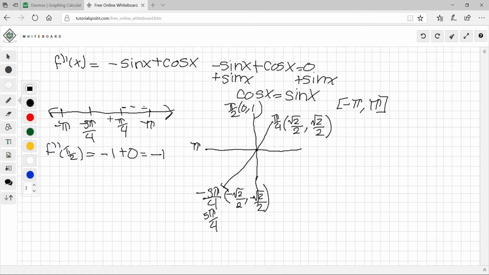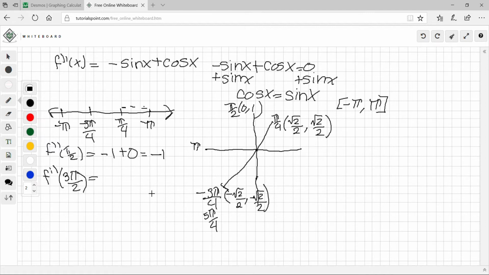Now we need a number between negative 3 pi fourths and pi fourth. So we could use 3 pi halves. Wait, we need a number between negative 3 pi fourths and pi fourths, so that's how I got 3 pi halves.